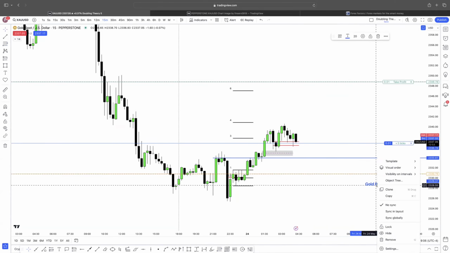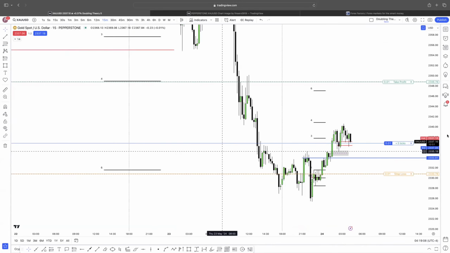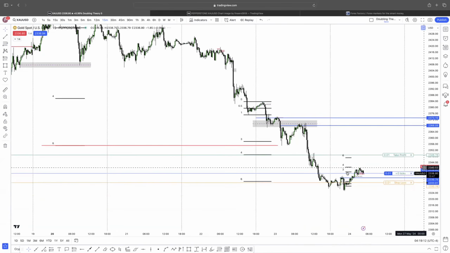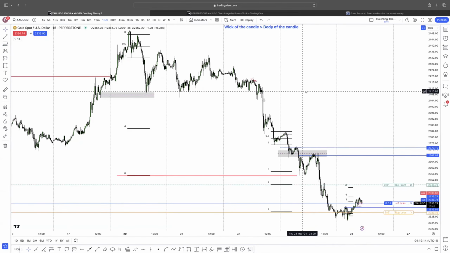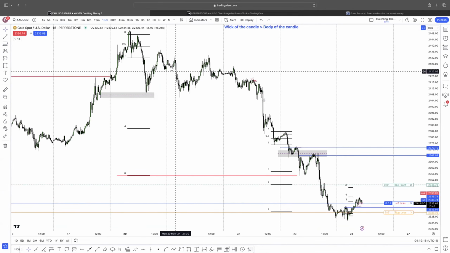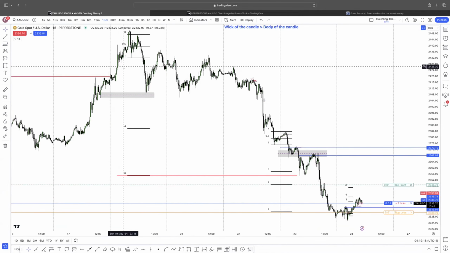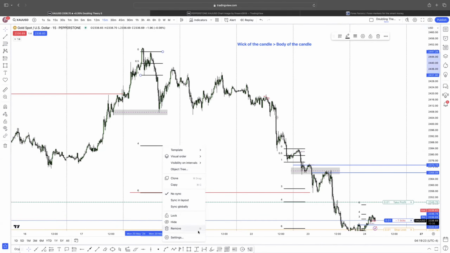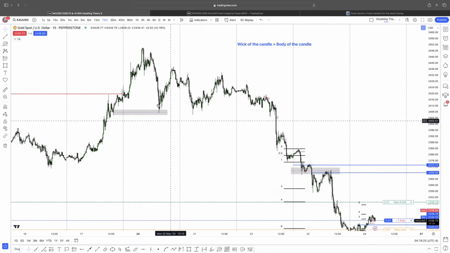Now if you want to see the weekly range, check Monday's price action up over here. I'll show it to you.